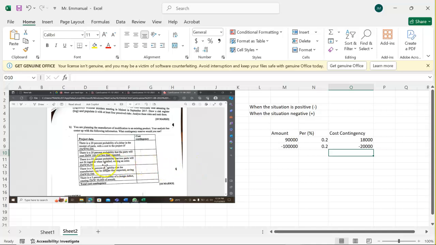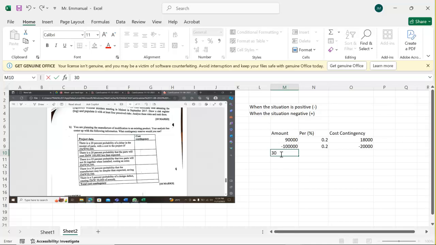Then this one says there is a 25% probability that two parts will not fit when put together or when installed, coming to an extra 6,500.